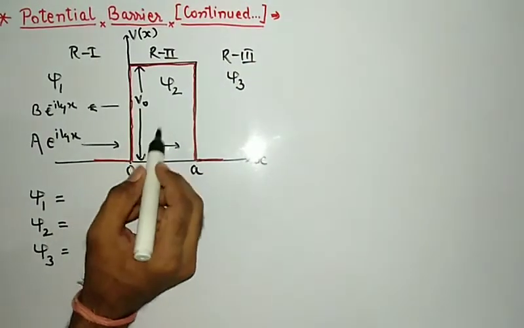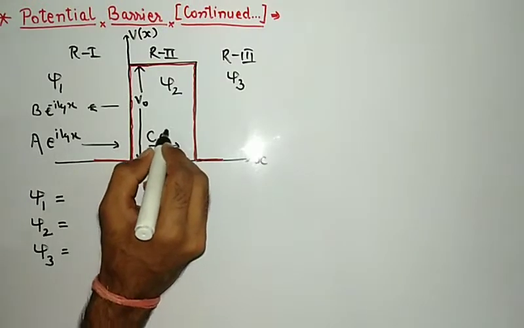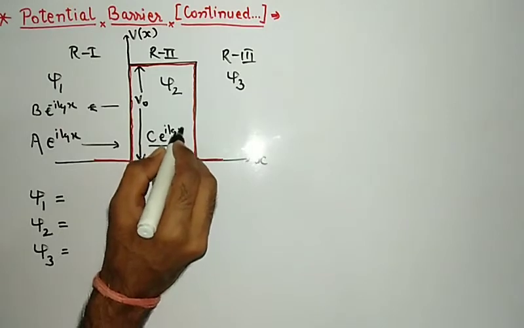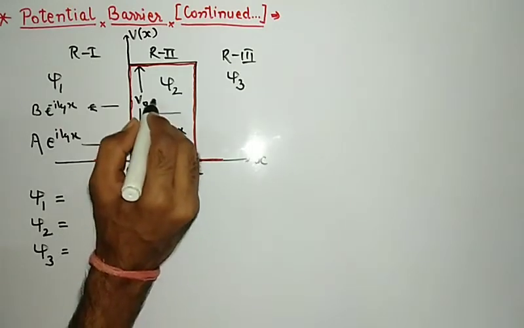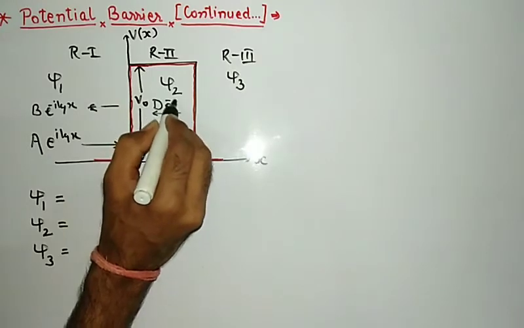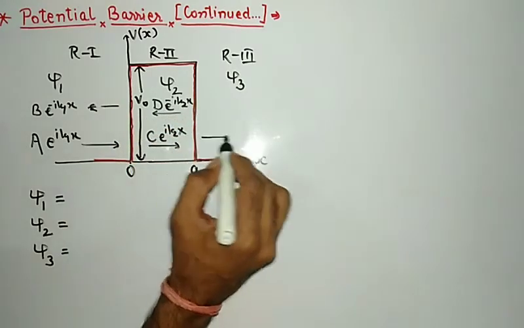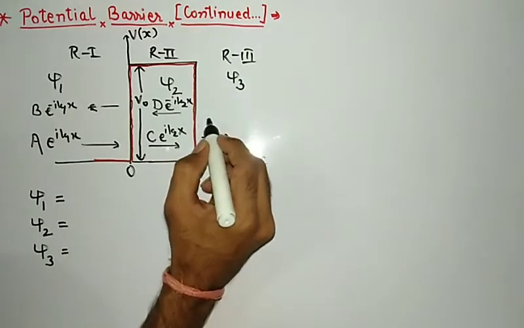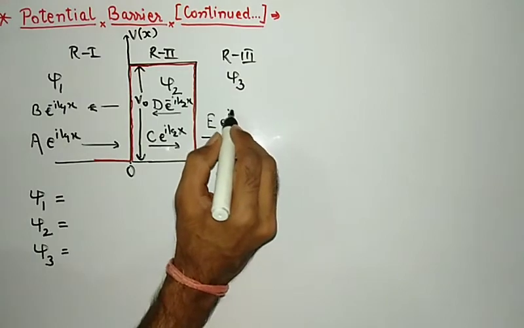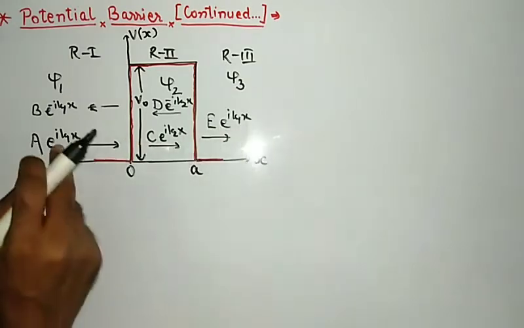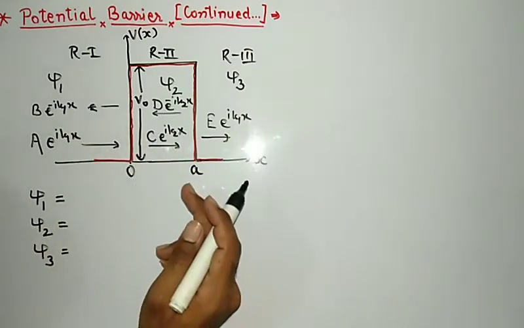So here this was C e to the power ik2x, and for reflection D e to the power minus ik2x, and again in the third region E e to the power ik1x, because the momentum is the same in regions first and third.